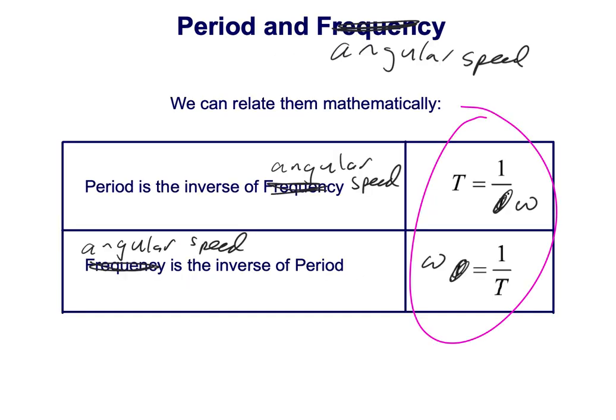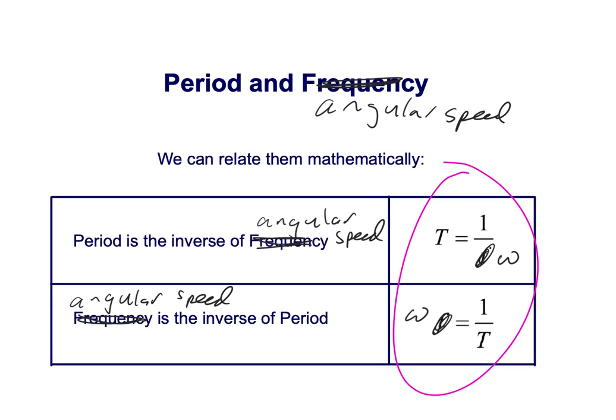I changed this: period and angular speed are inverses of each other, and I just crossed out the word frequency and put angular speed instead. We'll talk about frequency later again.